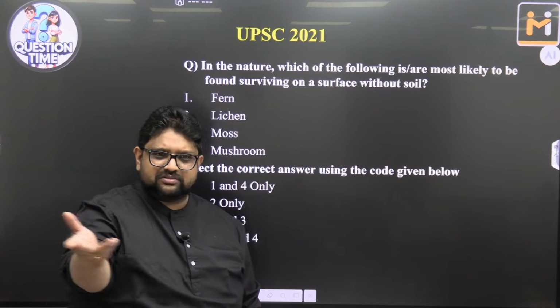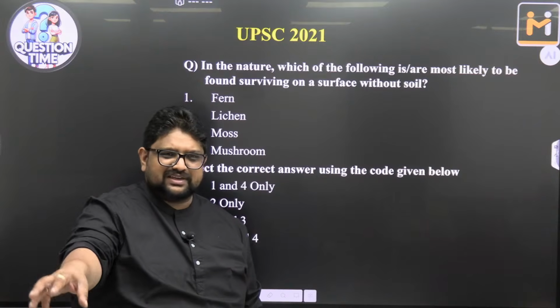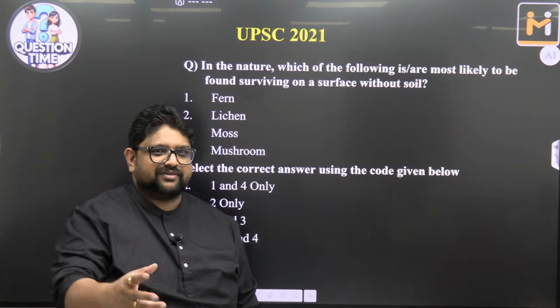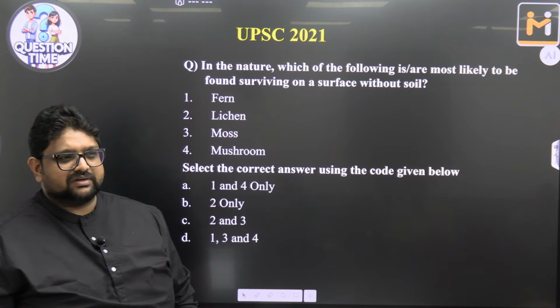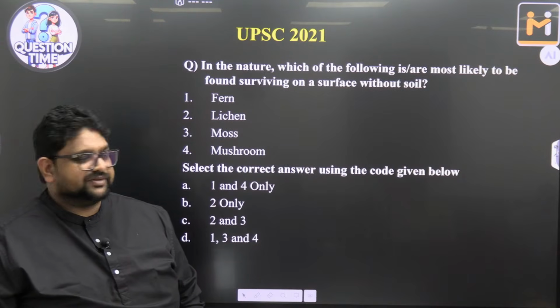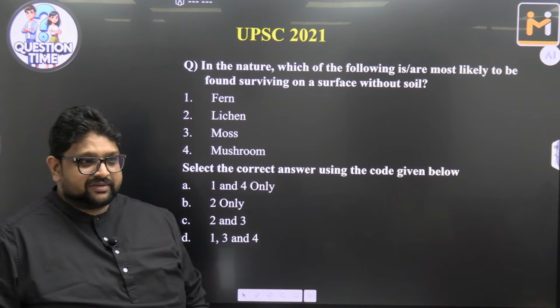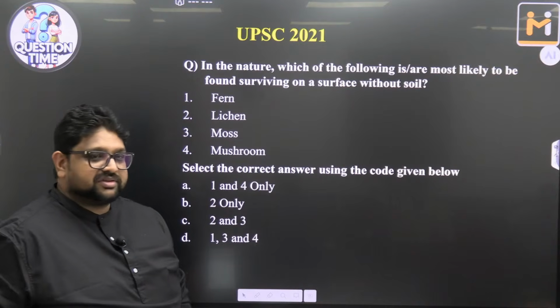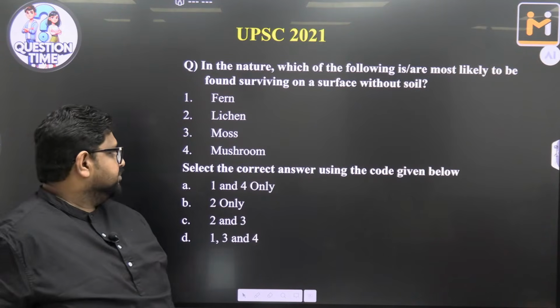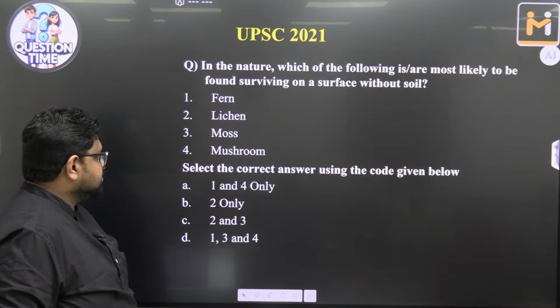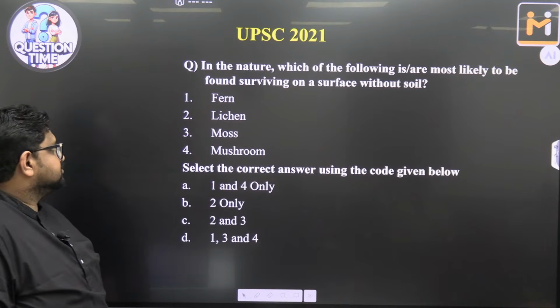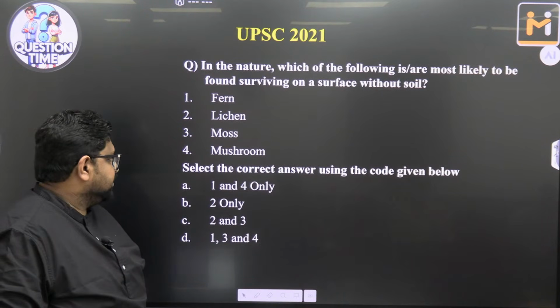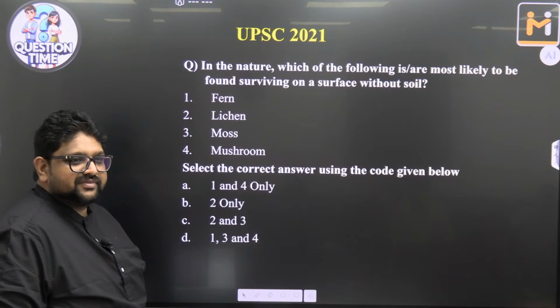If you go to a forest, you can find small plants with very good leaves, but they are not flowering. So ferns. Do you know what lichens are? Mosses. Okay, mushrooms. So what is the answer? Who says A? B? C?